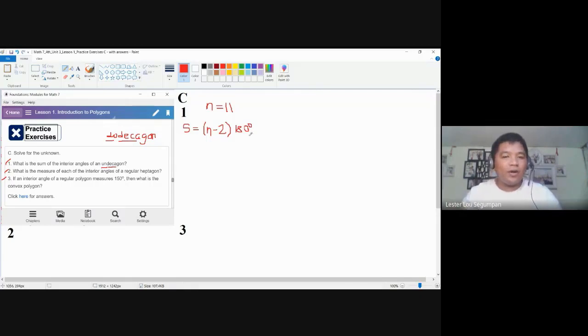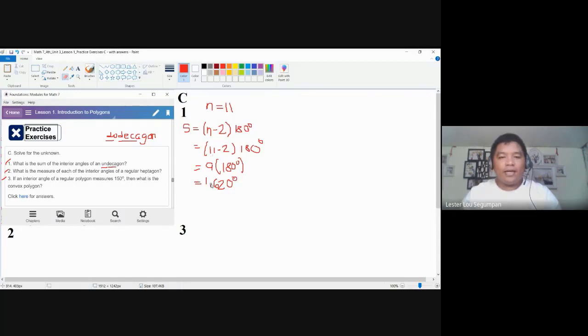So to answer number one, simply substitute n, and you will have 11 minus 2 times 180 degrees. 11 minus 2 is equal to 9, times 180 degrees. 9 times 180 degrees is equal to 1620 degrees.